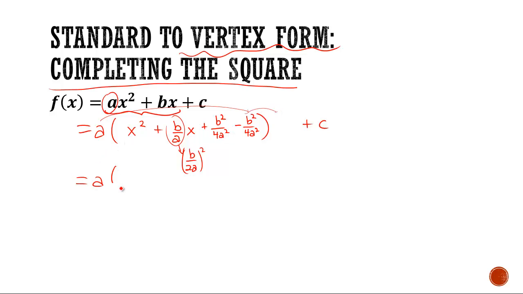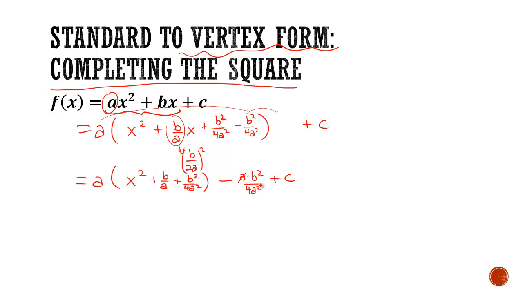So we've got a, and then x squared plus b over a x plus b squared over 4a squared, and then minus a times the b squared over 4a squared, plus c.